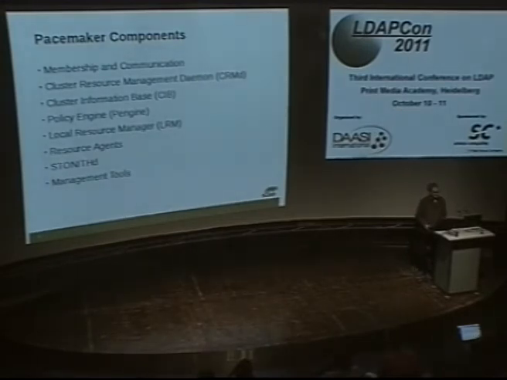Then there's a policy engine, which has intelligence based on rules that you can define: which resource to start on which node, which server to kill, and these kinds of things. And then on every node there's a local resource manager. This is basically just an abstraction interface to be able to start and stop resources on a node.